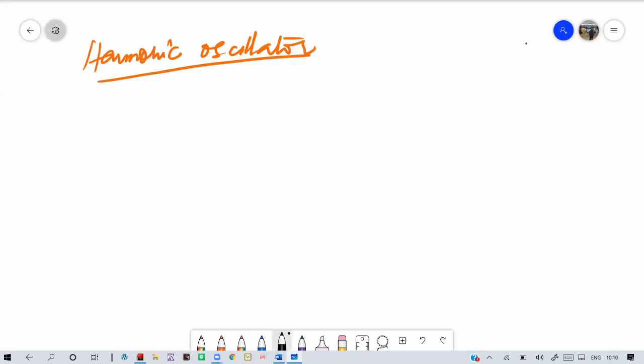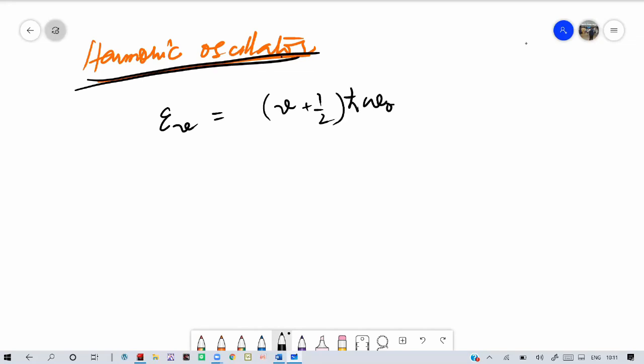So we already discussed the harmonic oscillator. And we found that the vibrational energy E_ν is equal to (ν + 1/2) ħω_oscillations.